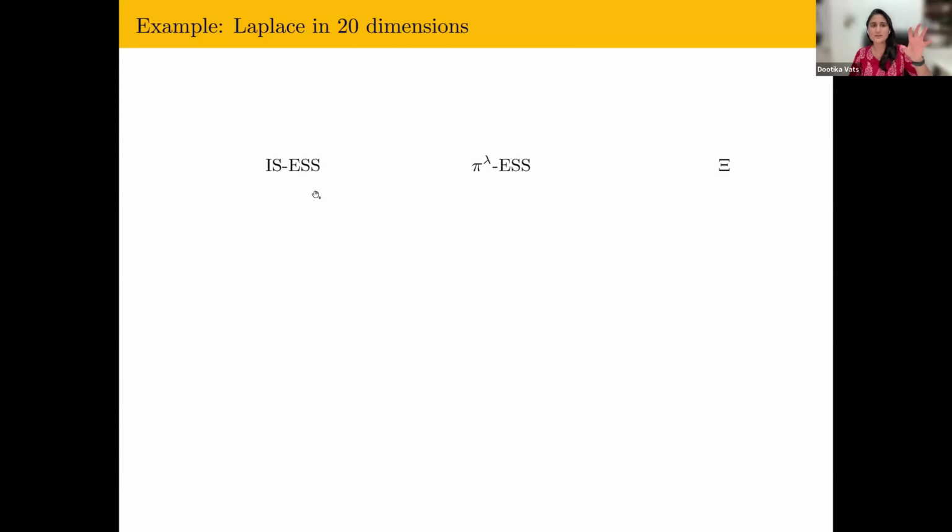And what I'm going to plot over here is the importance sampling effective sample size, NE by N. And then I'm going to plot the effective sample size of just the Markov chain, which is a different effective sample size, which measures the mixing, or tries to measure how well the Markov chain is exploring the space and how well it is estimating the mean of its distribution. And then I also look at capital Chi, which is the limiting variance in this problem.